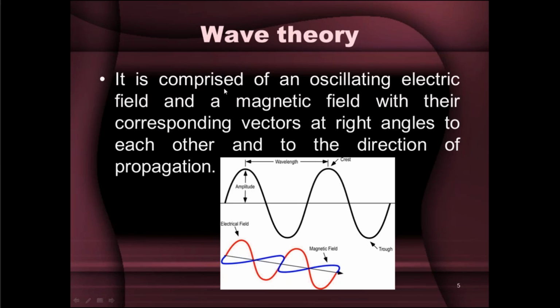So it is comprised of an oscillating electric field and a magnetic field with their corresponding vectors at right angles to each other and to the direction of propagation. This is the vector of the electric field, this is the vector of the magnetic field, this is the direction of propagation. This is how electromagnetic radiation is described by the wave theory.